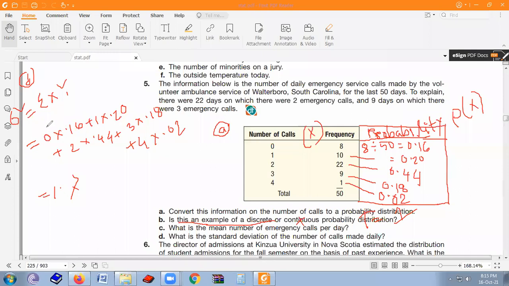So we take the square of every value of x: 0 square, 1 square, 2 square, 3 square, 4 square, and minus mu square, which is 1.7 square.